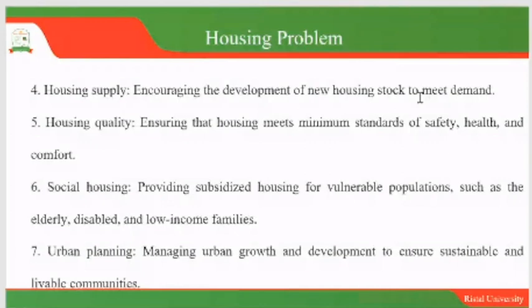We also have zoning and land use regulations, building codes and standards, public housing programs, and housing finance and mortgage regulations. So these are some of the instruments that government uses to regulate urban growth in terms of housing policy.